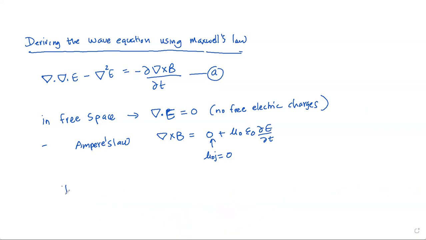So in A, we can substitute these results or assumptions. Then in A, we can write now the dot product of the electric field, the divergence of electric field, is 0. Therefore, this first expression is going to be equal to 0. So we are left with this expression, and on the right side, we are left with ∂/∂t inside the brackets, μ0 ε0 ∂E/∂t.